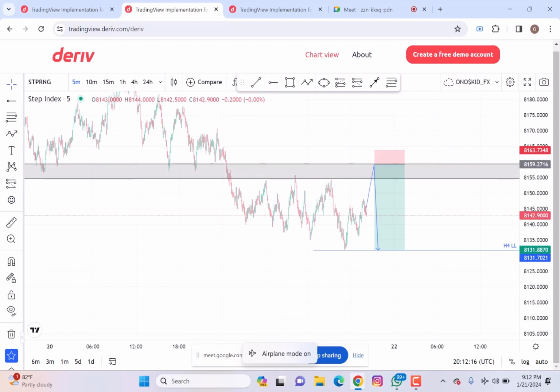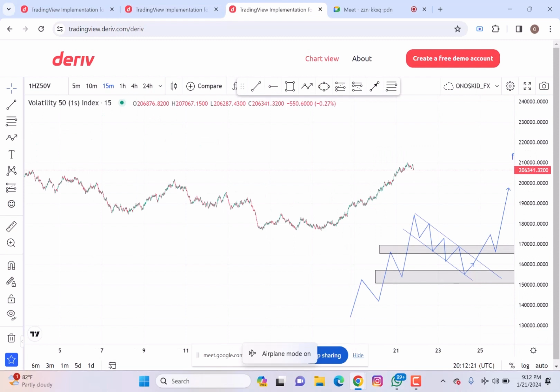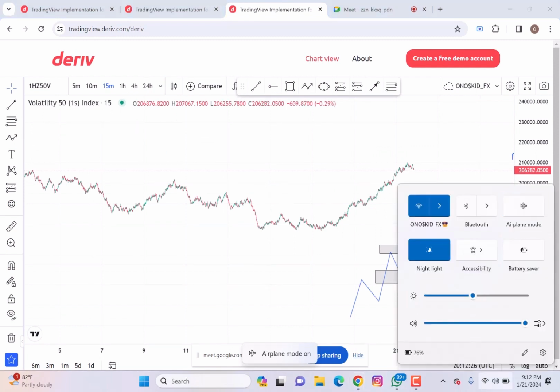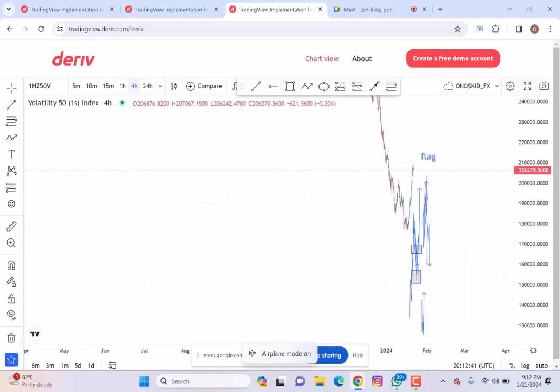Okay, so that's about step index. Another thing I want us to look at, okay, let's look at this particular chart. Let me take it to the 4-hour time frame.